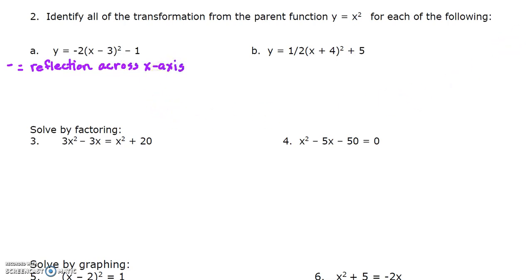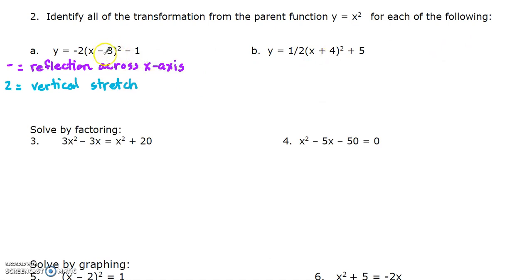The next one is this number right here. The 2 is causing a vertical stretch, which means it makes it skinnier.